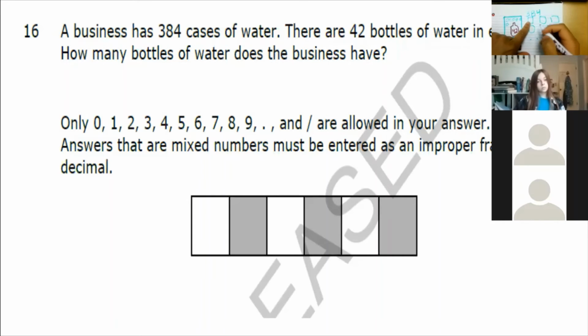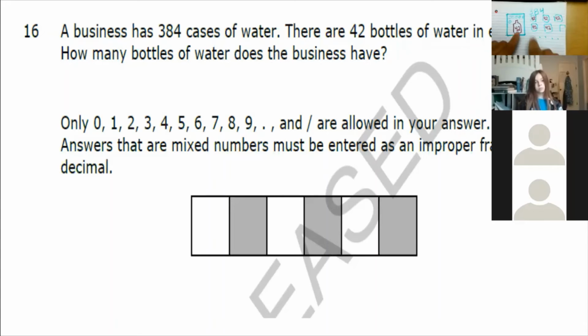So each case in the business has 42 bottles inside. How many times would I be drawing this? I would be drawing that 384 times.